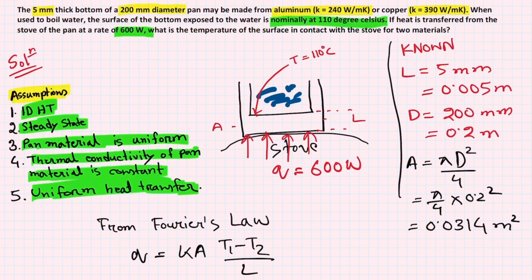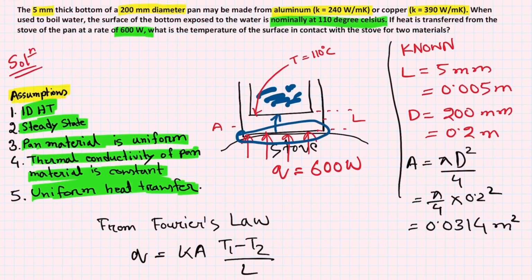We know the temperature of one of the surfaces, but we have to understand whether this particular value, the nominal temperature of the surface that is exposed to the water, is T1 or T2. From the direction of heat transfer we can see heat is transferred from this surface I am marking with a blue line, going through this material that I am showing with the arrow, and then leaving this material and going to the water.